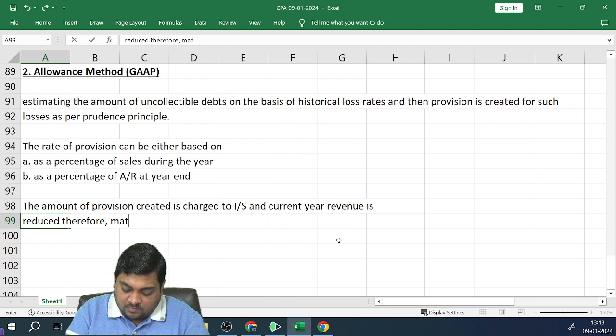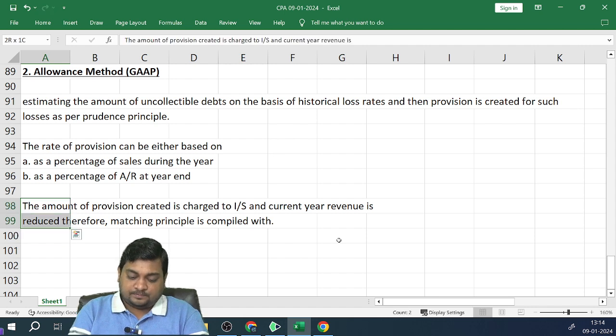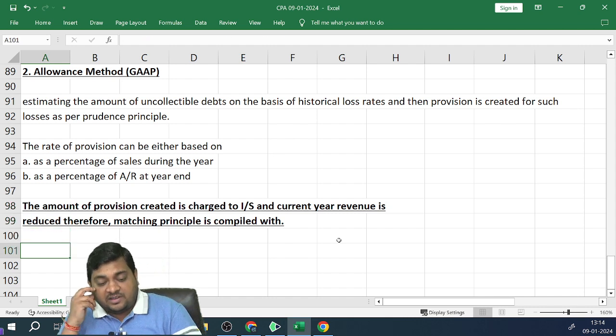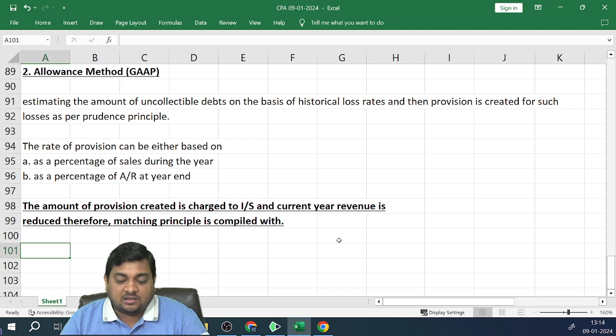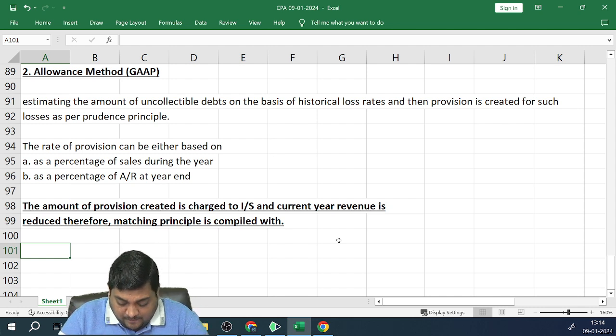Therefore, the matching principle is complied with. This is very important. Whatever provision we are creating, the current year revenue is reduced, and therefore the matching principle is complied with.